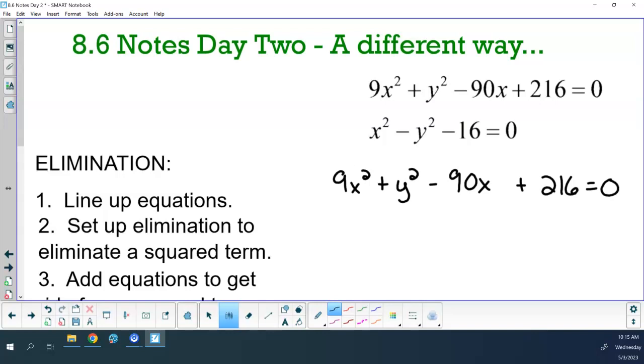Then the second one, you're going to rewrite it so that everything lines up. So you need to have your columns in order. You'll have an x squared column, a y squared column, an x column, a y column, and a numbers column.